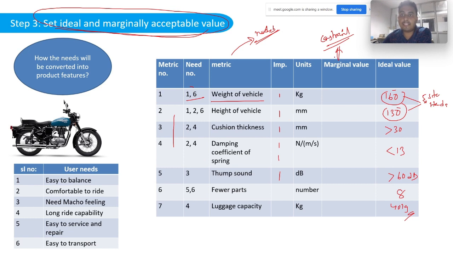To address that, the weight of the vehicle will probably go up, because you are introducing another need. So the ideal value is 160, and probably till 165 you will consider, so you say 160 to 165, that's the value you'll be considering. This marginal value is just like a tolerance which we can provide to our product in terms of the ideal value.